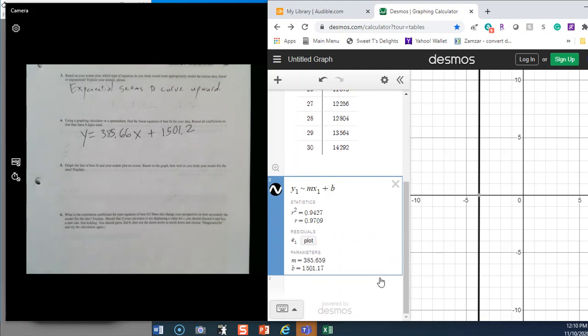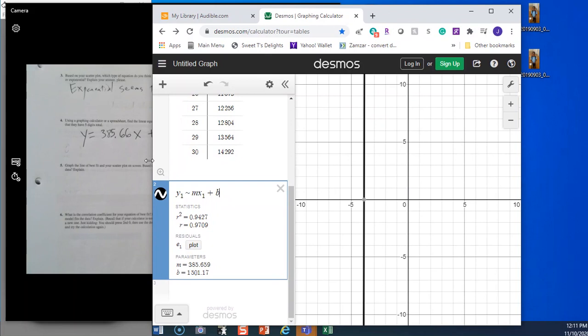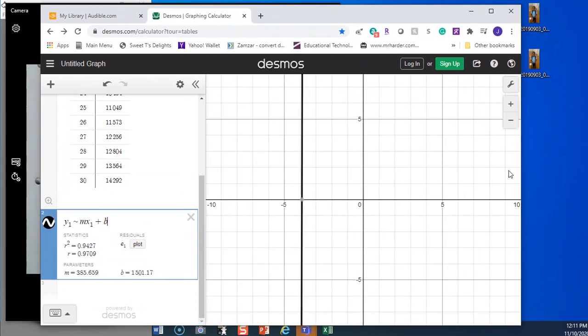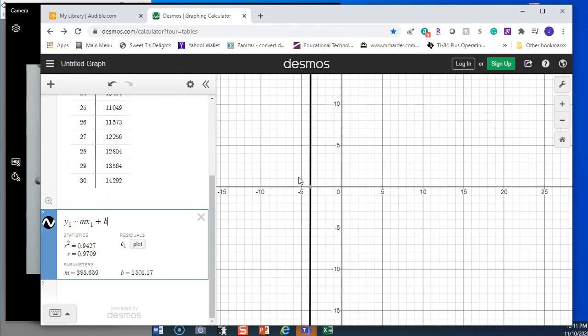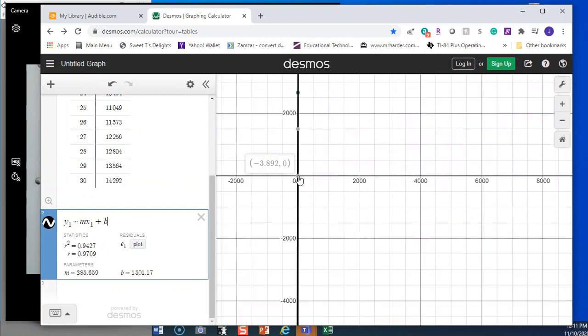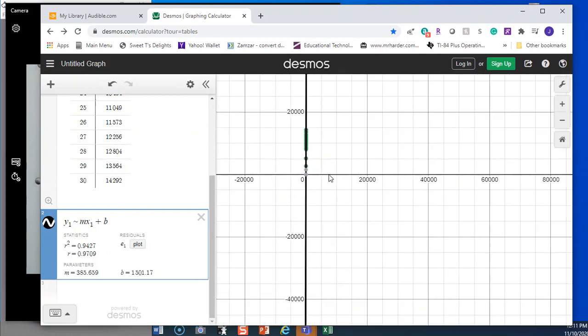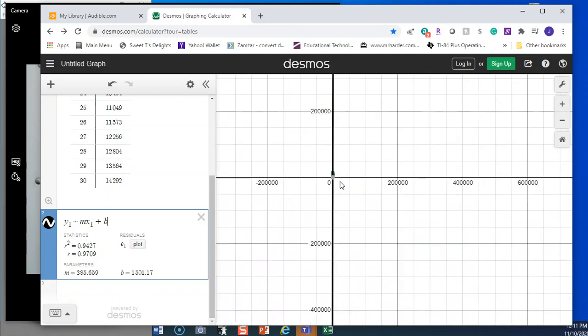Okay, now it says graph the line of best fit and your scatter plot on screen. Based on the graph, how well do you think your model fits the data? All right. So I'm going to have to expand this out a little bit so we could take a look at this line here. Now the problem that we have here is how large these values are.